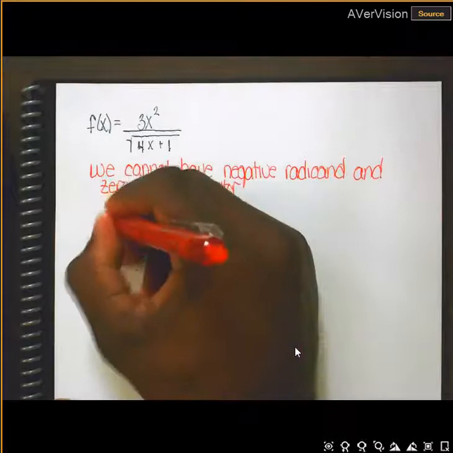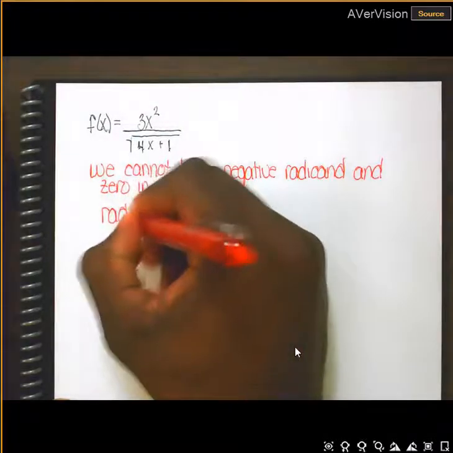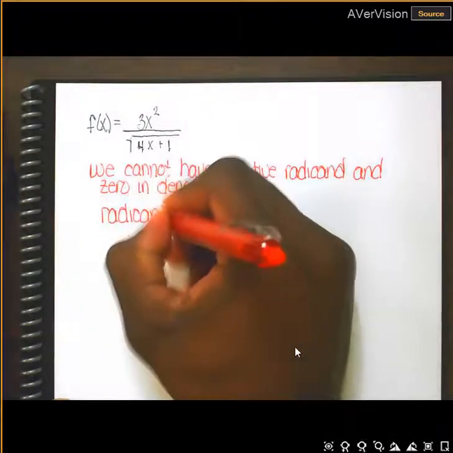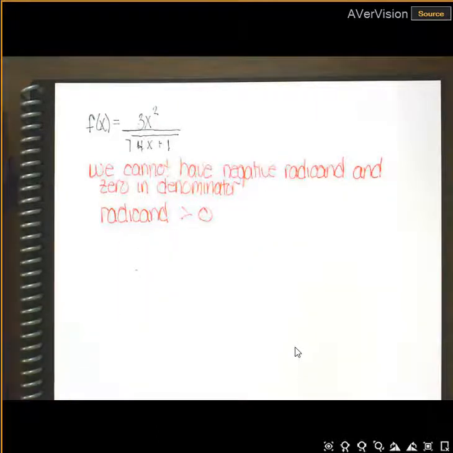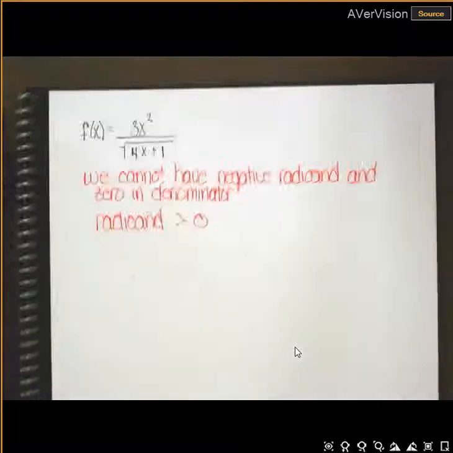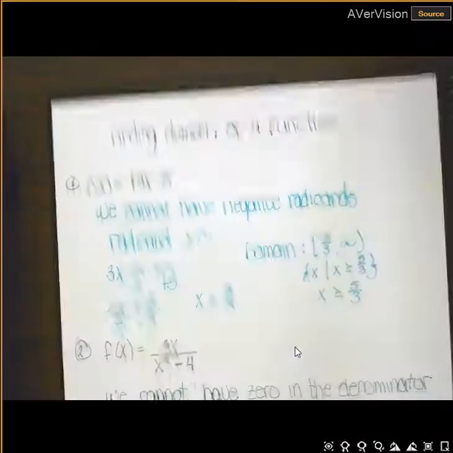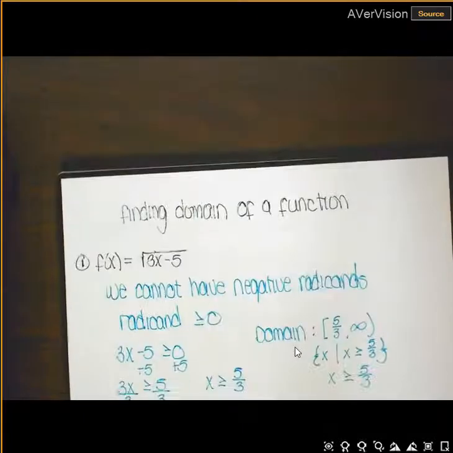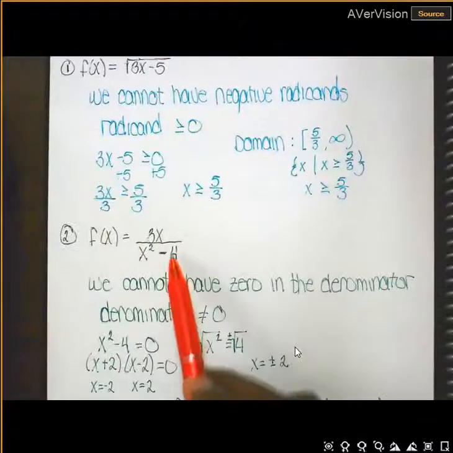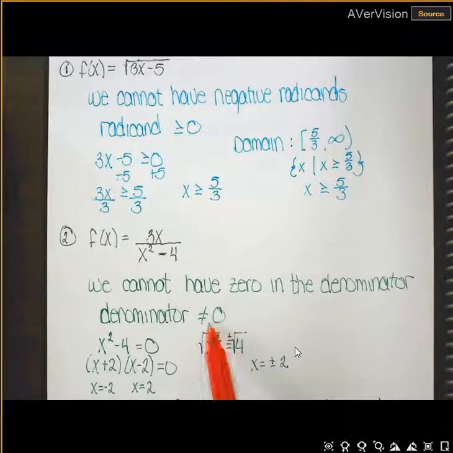So that means for this one, the radicand has to be greater than 0. Before, when we did square roots, we did greater than or equal to 0. And then for rationals, we said it does not equal 0.